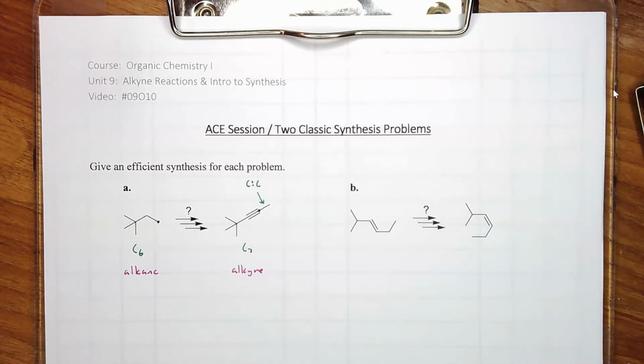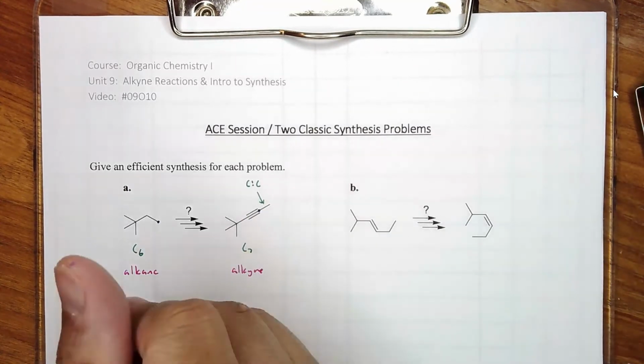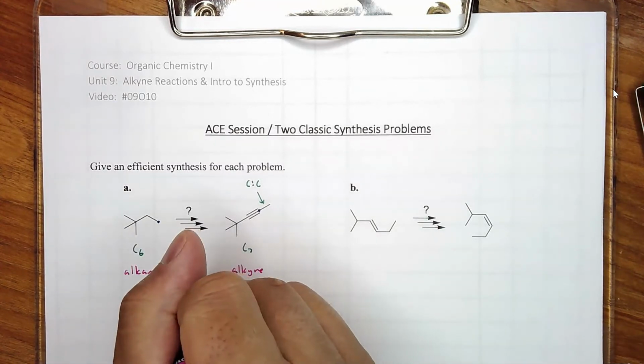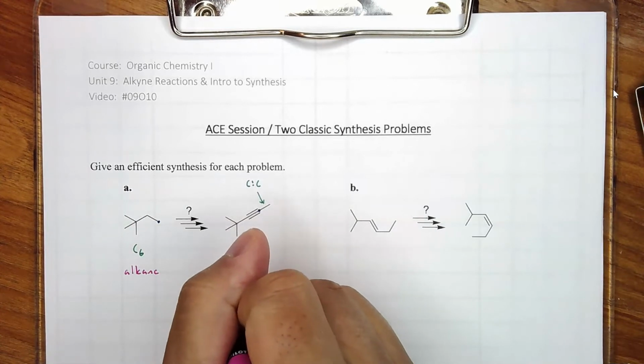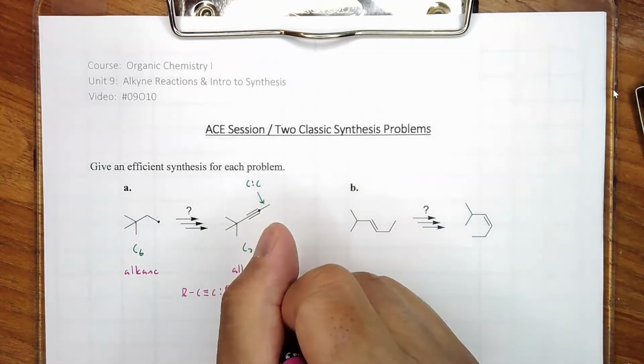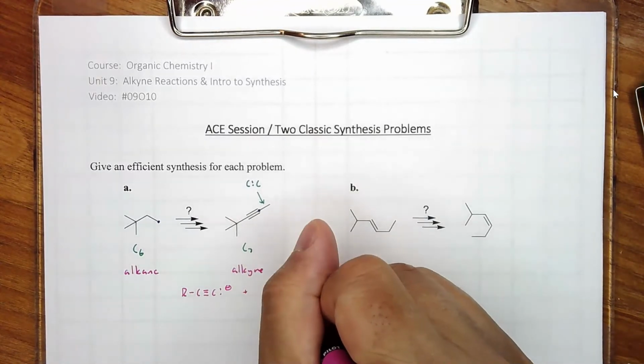Then, how to make this carbon-carbon bond. In the alkyne unit, there's one main way. You could have a terminal alkyne that's been deprotonated, plus some type of alkyl halide. And that's how we could do an alkylation.